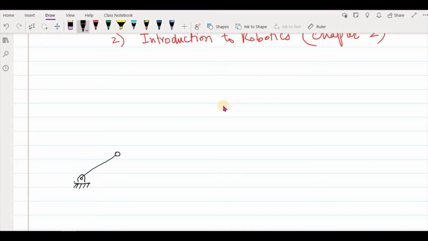Again here we have a revolute joint, and this is the second link, and here we have the gripper. So as you can see, most of the time what we are interested in is finding the position of this end effector.